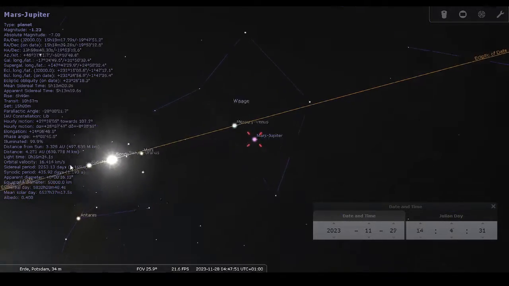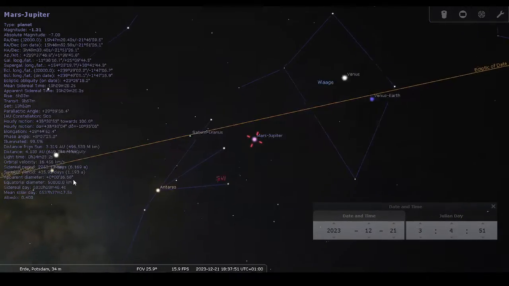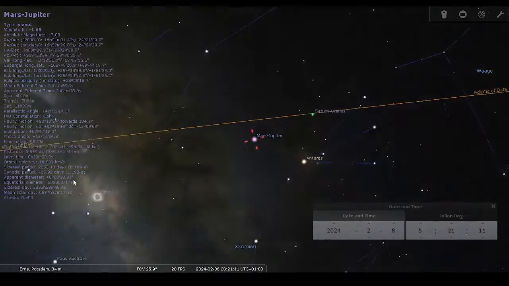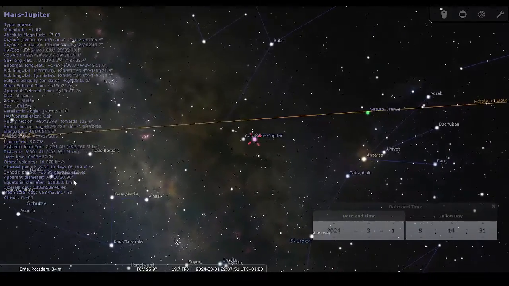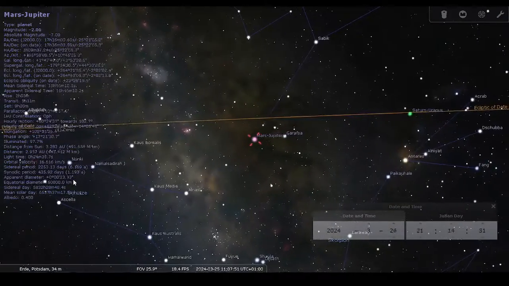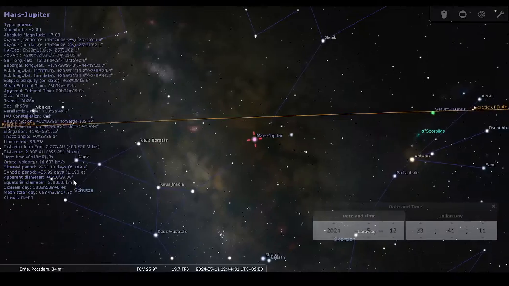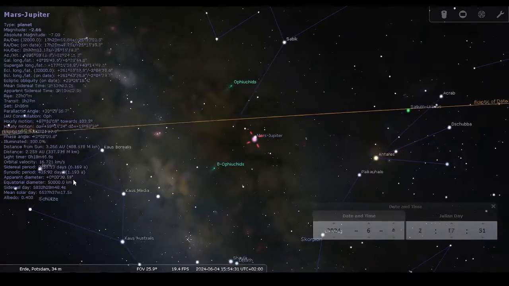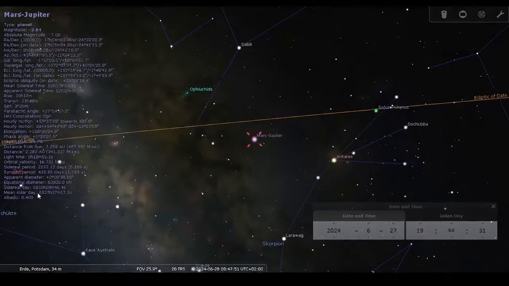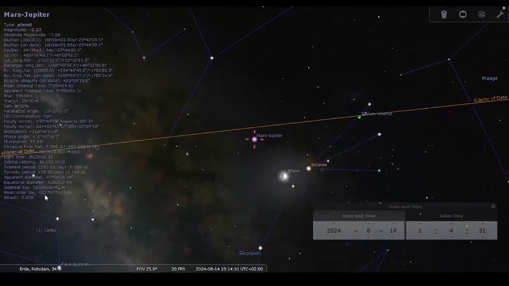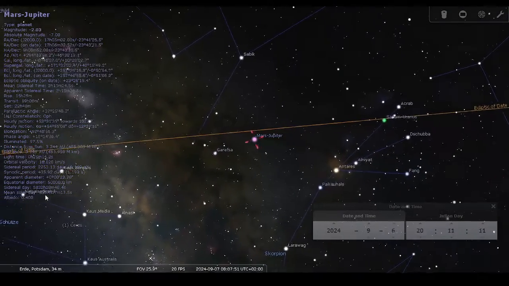And it takes about 6.17 years to orbit around the Sun once. Jupiter has a period of about 11.9 years and Mars has a period of about 1.8 years. So it's also in between these. And the equatorial diameter is also in between Mars's and Jupiter's.